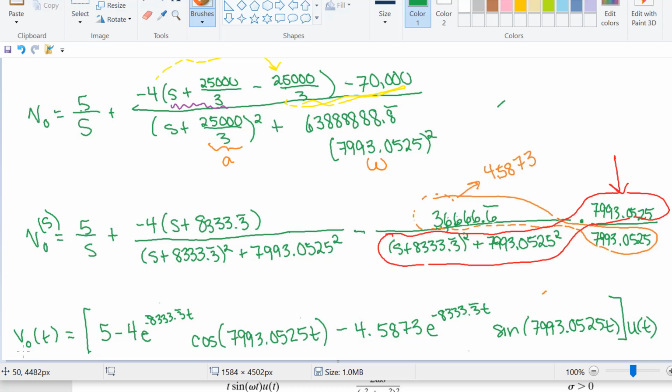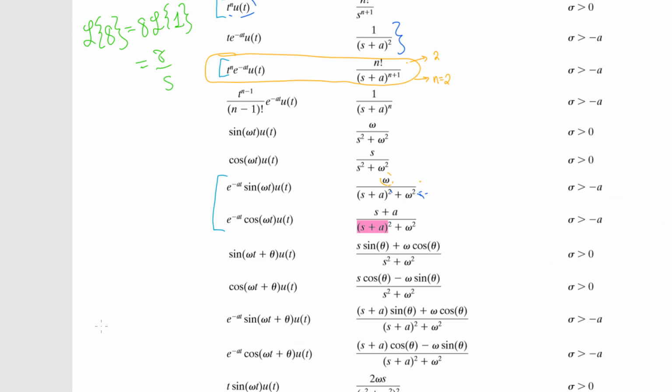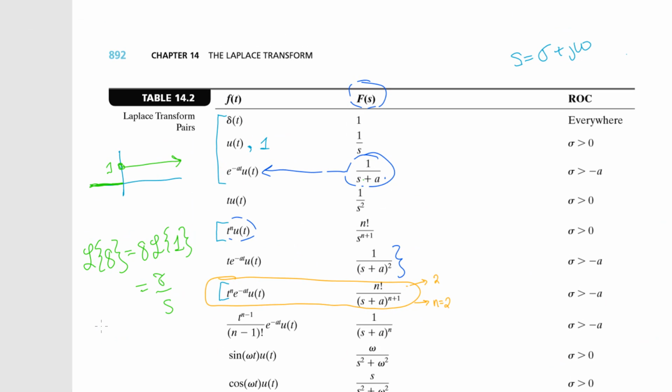So now this V naught is in the time domain. 5 over s, I would bring the 5 out in front, and then the inverse Laplace of 1 over s is 1. Right, the second row of our table.